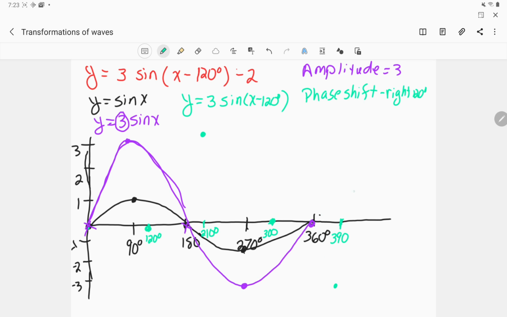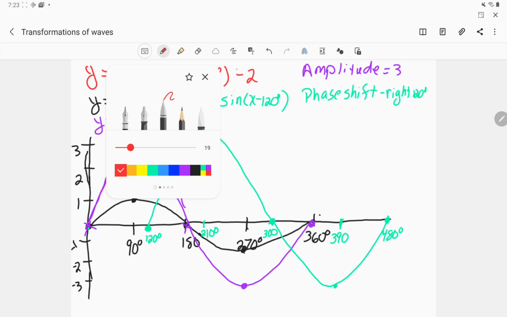And you're going to take 360, and you're going to move it 120, which is going to bring you to 480. So here. So now you have, trying to follow my dots, now you have here. Everything has just been moved over to the right 120 degrees.